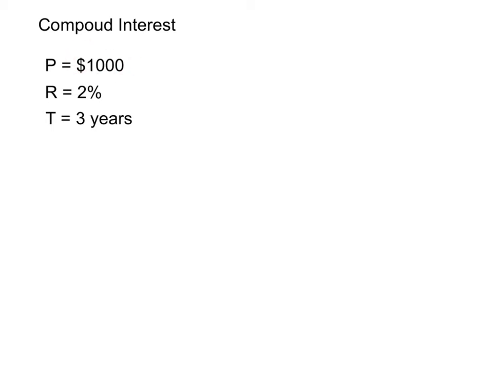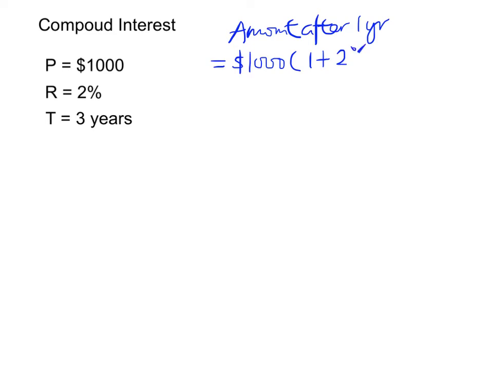Now we can illustrate this by using calculation. We first find the amount after 1 year. And this will be $1,000 times 1 plus 2%. So this will be the amount, P times 1 plus RT.